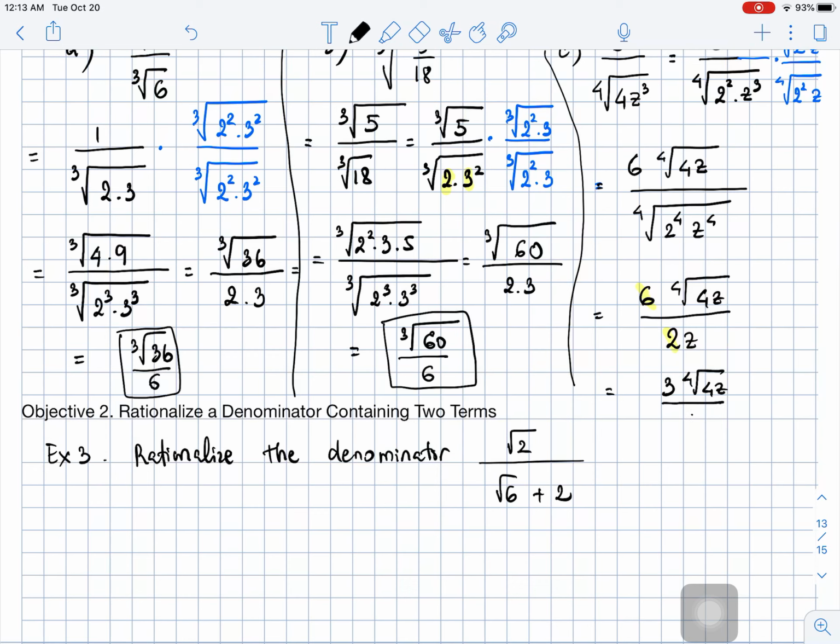Then 6 fourth root of 4z, and in the denominator, you remove the radical for 2 and z. We can still simplify more for the 6 and the 2. Then the answer is 3 fourth root of 4z divided by z.